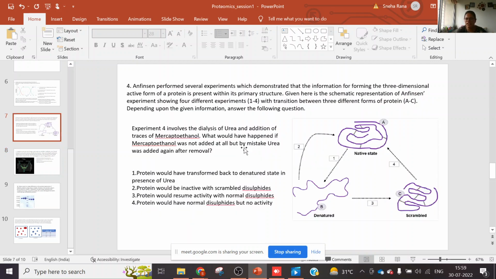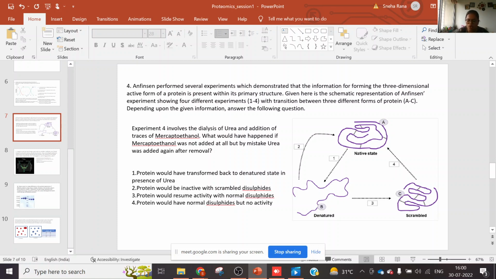So this is slightly a paradox to Anfinsen's experiment. Anfinsen proved that when you remove the denaturing agent, the protein will take the native state, which is correct because it has the amino acid sequence, the primary structure, and the information for the 3D structure is already there in the primary structure of the protein.